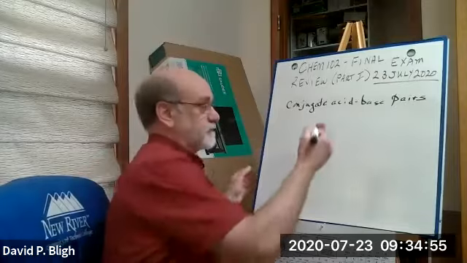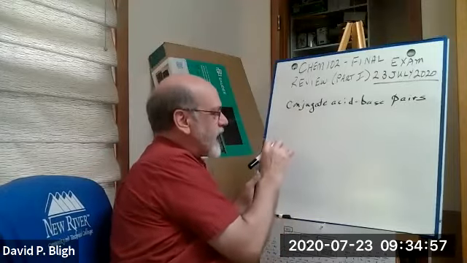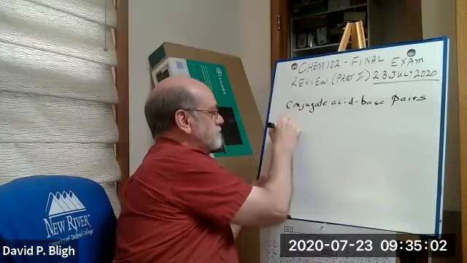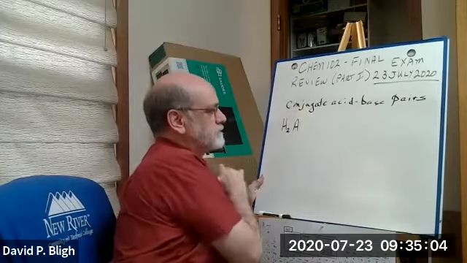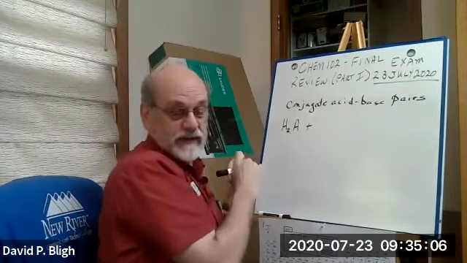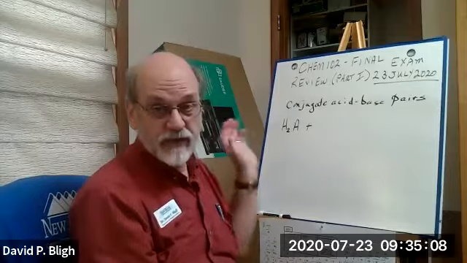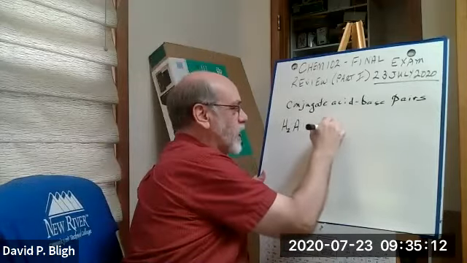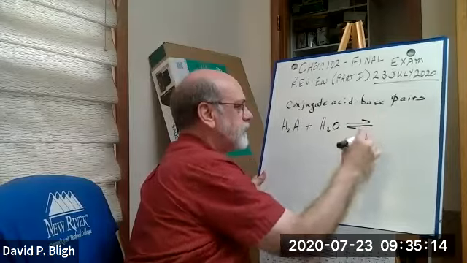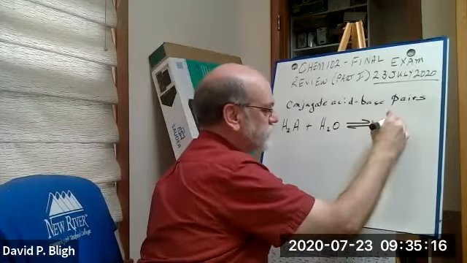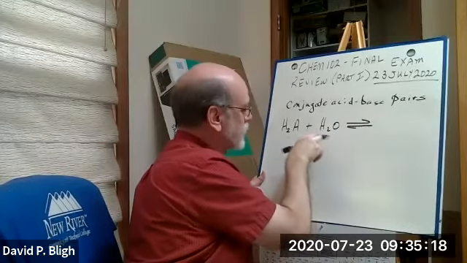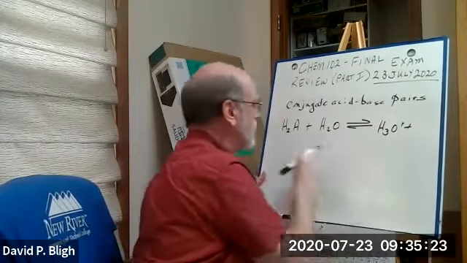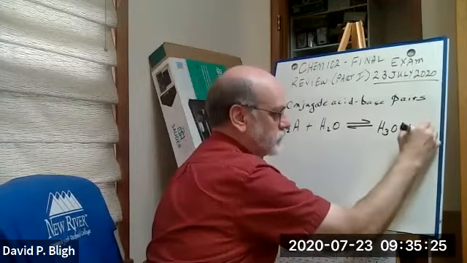definition, actually. So if we say we're going to react an acid with a base, and in this case, I'm just going to take the acid and put it in water. And the acid's going to react with water. And what's it going to do? Well, the water's going to pick up a proton, and the acid's going to lose a proton.